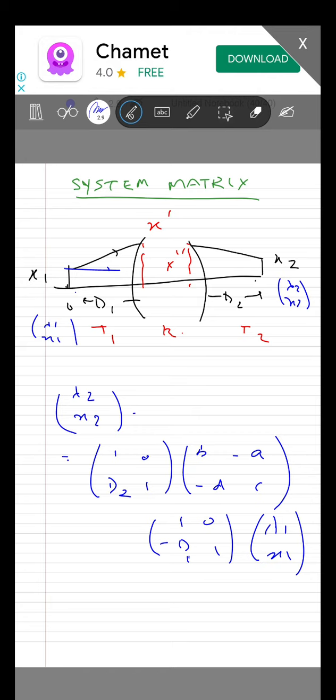So this matrix, if you do the multiplication, ultimately comes out to be the following.